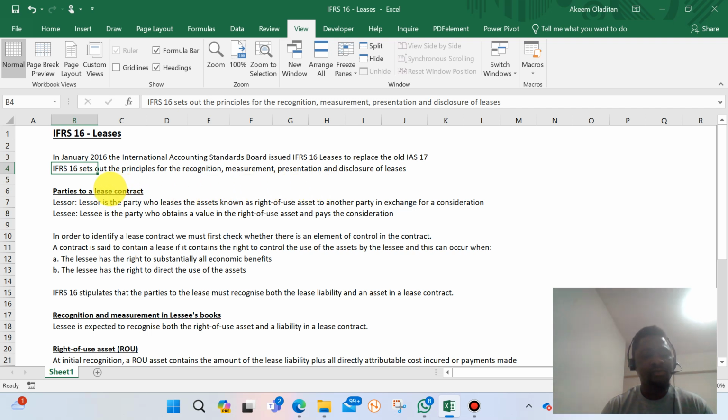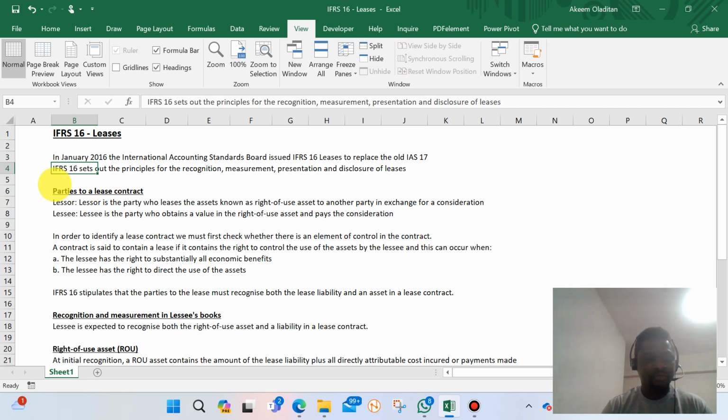The scope of IFRS 16 is to look at the recognition, measurement, presentation, and disclosure of leases. Don't forget, I mentioned in some of my earlier videos that in accounting we need to look at four different things: recognition, measurement, presentation, and disclosure at all times.